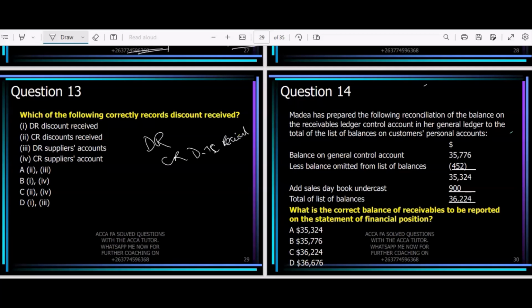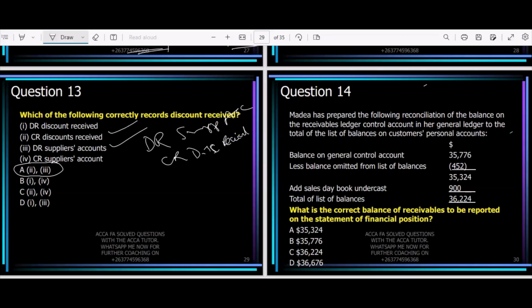We are reducing the payables, so we are debiting the supplier's account. So the correct entry should be credit discount received and debit supplier accounts. All right, so the answer should be 2, 3, which is A.